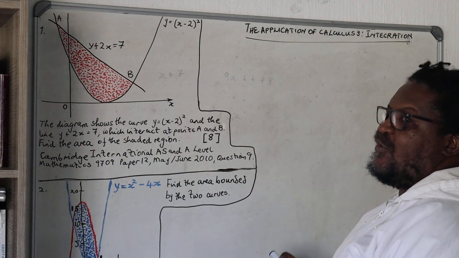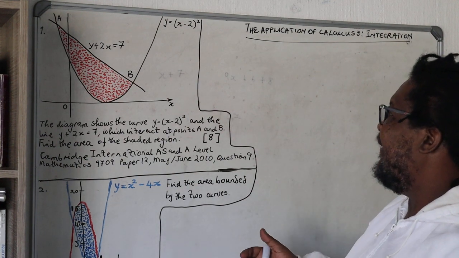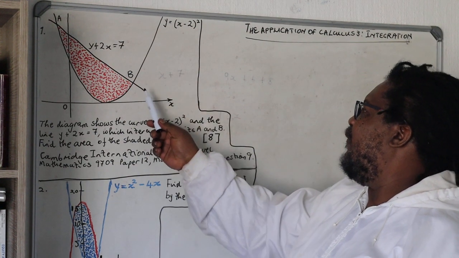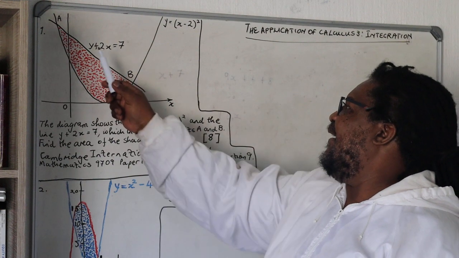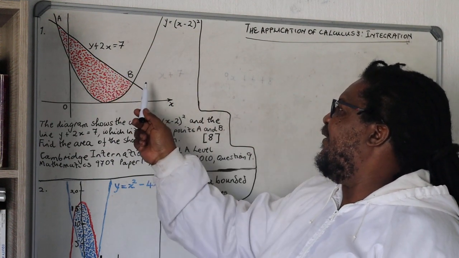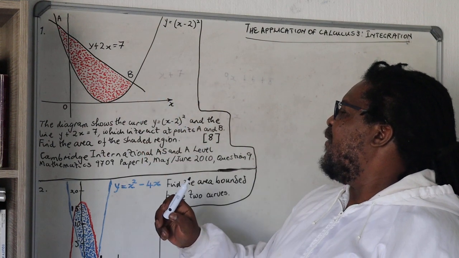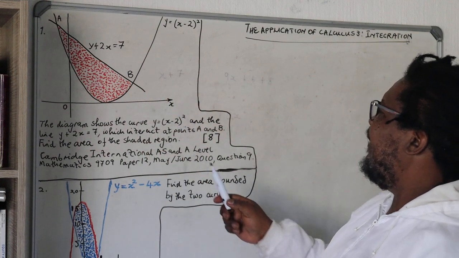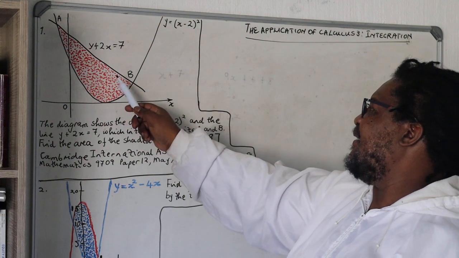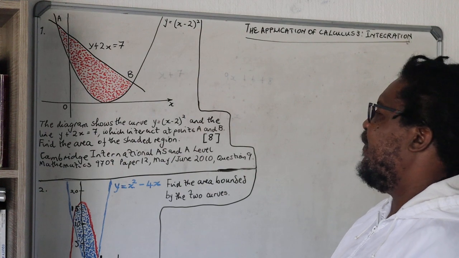So there are 2 stages to answering this question. The first stage is for you to find the coordinates, especially the x coordinates, of the points of intersection, or the points where the curve and the line meet. The second stage is then to calculate, using integration, the area that is shaded there.